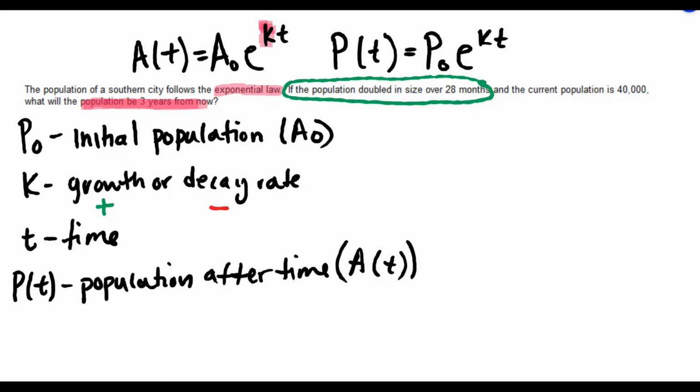So the 28 months is a time, and the population doubling in size tells me the relationship between P naught and P. So P will be twice P naught for the population to double in size. So with that information, we're going to be able to substitute into the formula and solve for k, the growth rate. So let's do that.